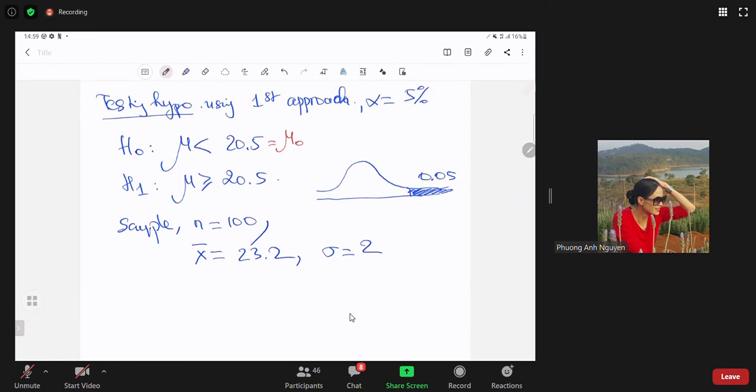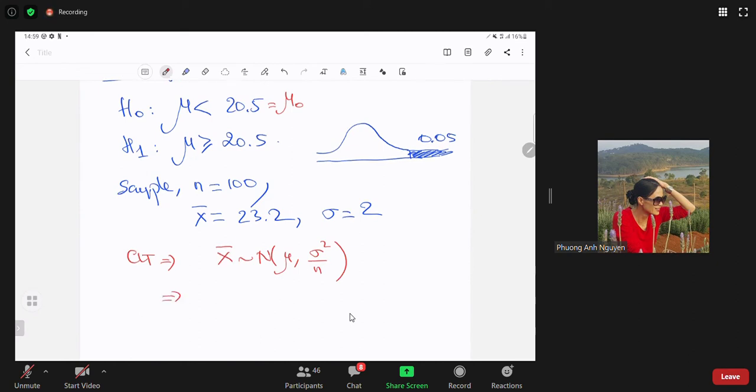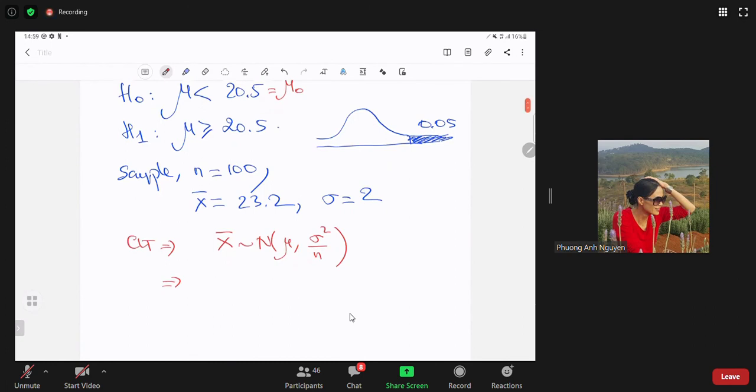So we know from the CLT that X bar approximately follows the normal distribution with mean mu and variance sigma squared over n. But of course, in testing a hypothesis, you don't know the value of mu, so we take mu0 instead of mu.